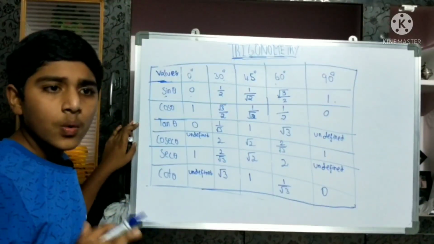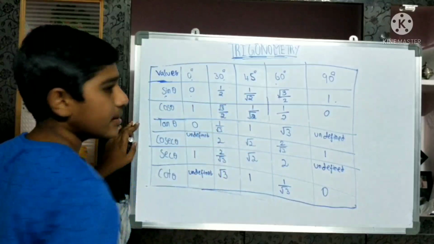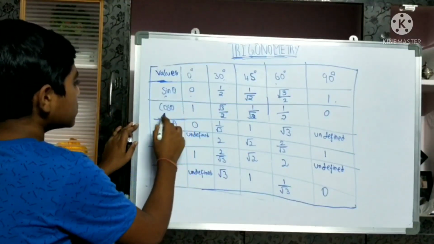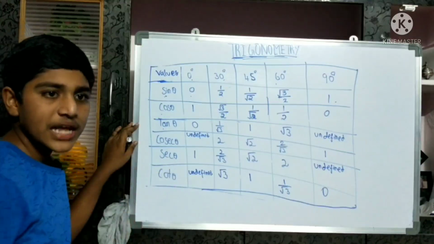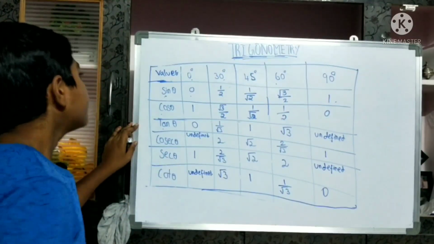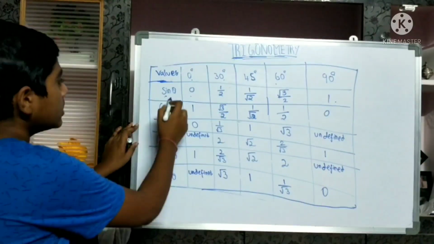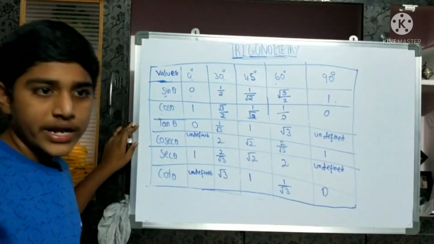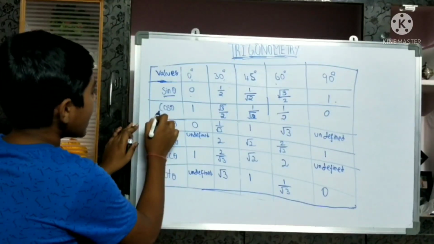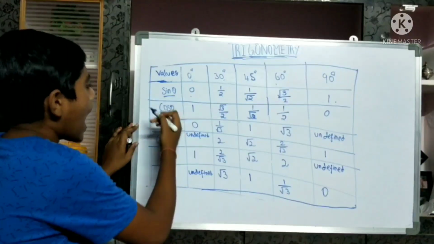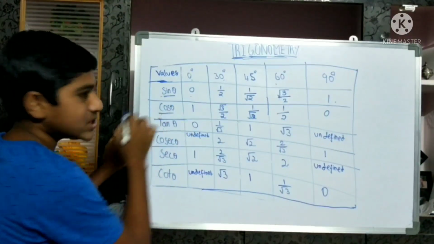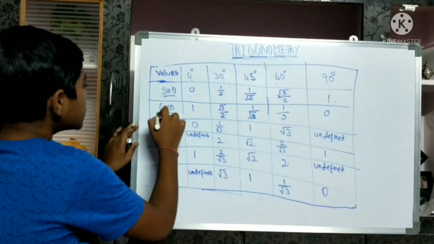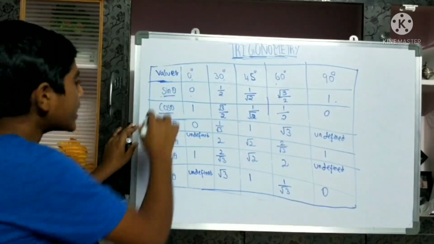If you know the values of sin theta, you can know the values of cos theta, tan theta, cosecant theta, secant theta and cot theta automatically. So how will you know? There is a certain order here. So sin theta and cos theta are co-ratios. That means this is sin theta, this is cosine theta. So these two are co-ratios.